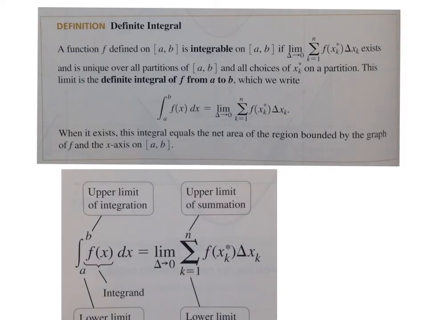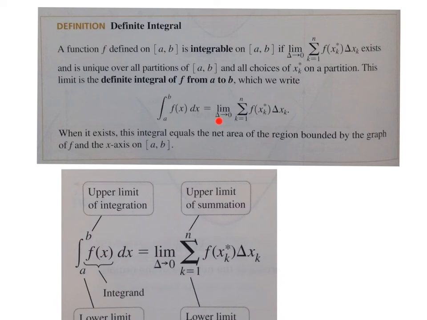So again, these are just the pictures out of the book, and this is a very precise definition of definite integral. But I think it's easier to wrap your head around what's going on down here. But I just want to point out a couple things up on this first one, and you should totally read it.